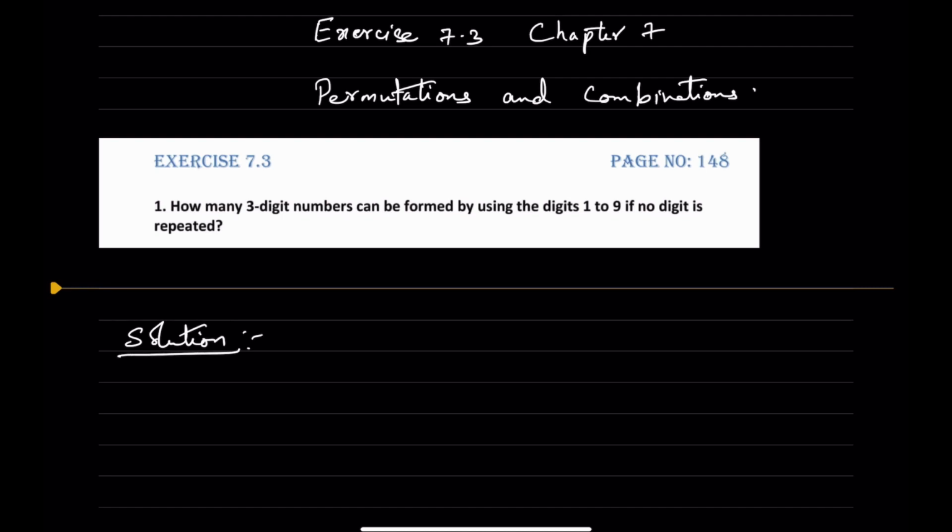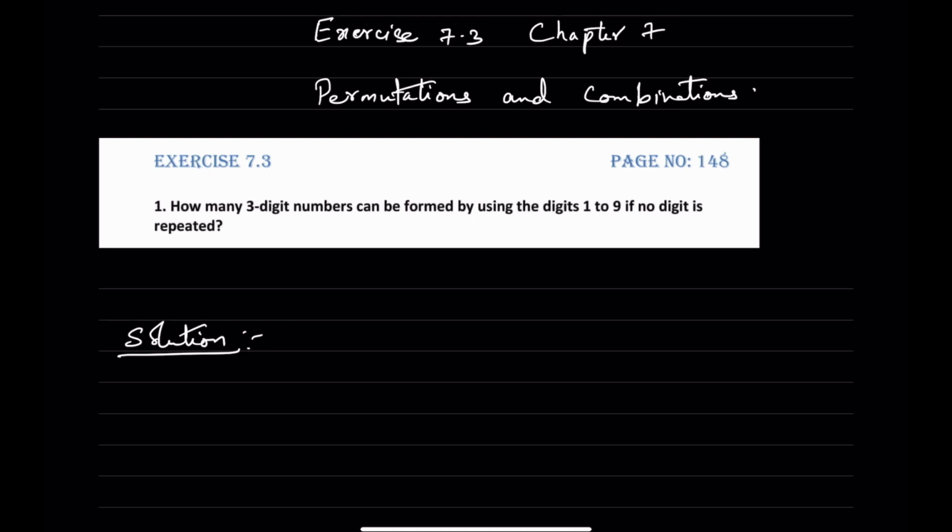You have seen in the last exercise how we did such types of problems, and in the introduction part I also told you what permutations are. What is the formula used for permutations, where you have to select some numbers from a given set of digits?